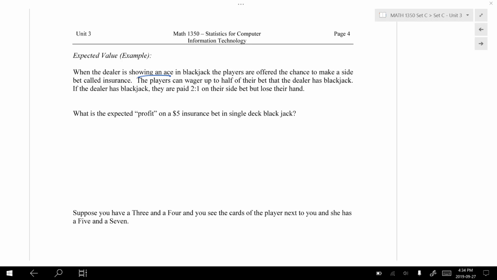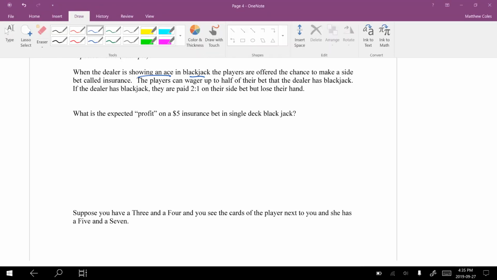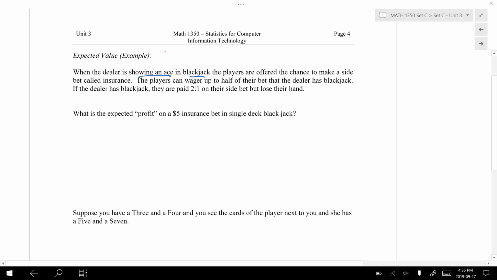If that other face down card happens to be a 10 or a face card, then the dealer will have what is called blackjack. So if the dealer has this ace and perhaps the other card is also a 10 or a face, then they will have blackjack, in which case you will lose.